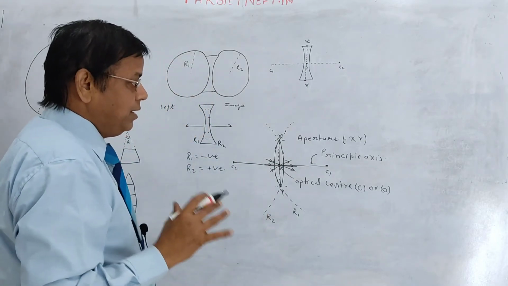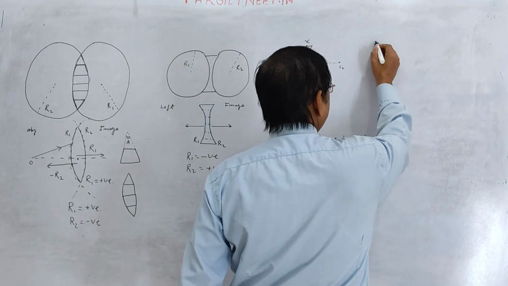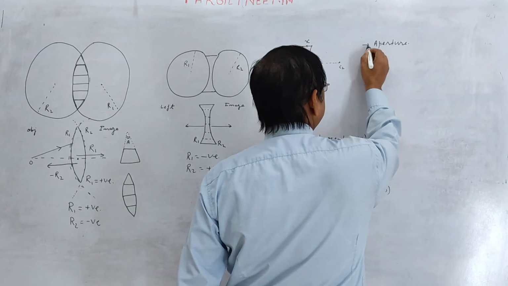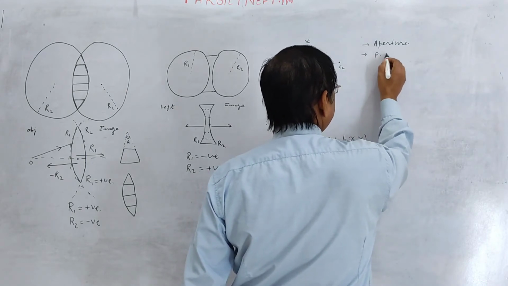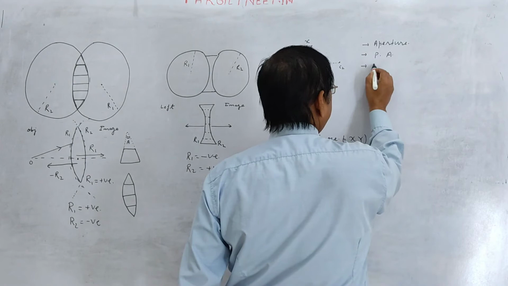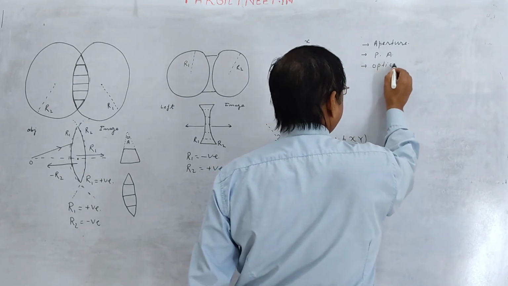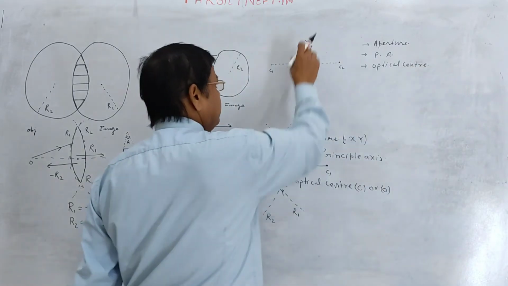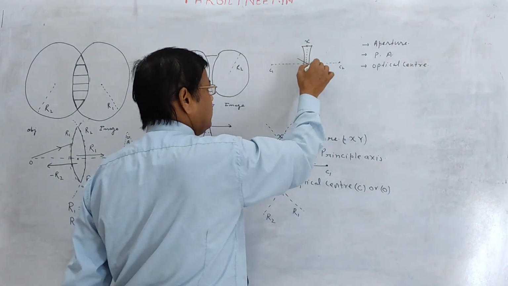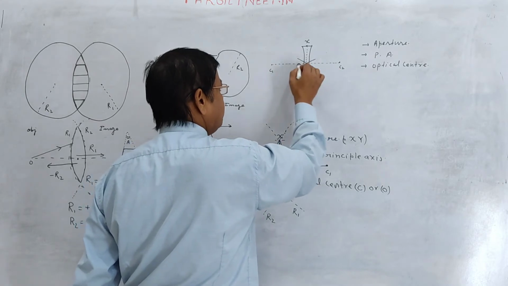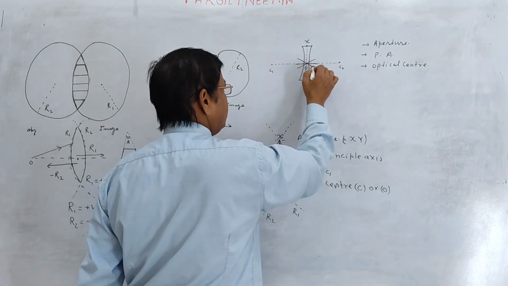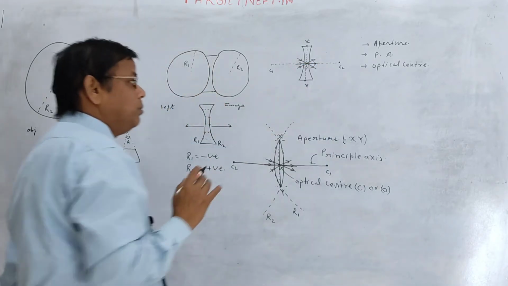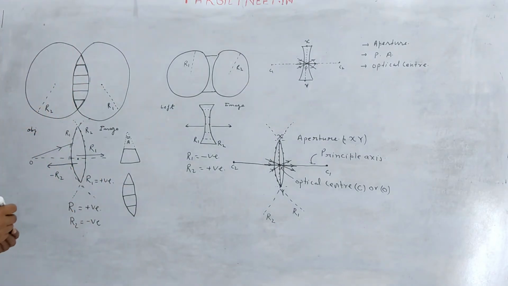So you must be clear about aperture, principal axis, and optical center of a lens. In this case also, any ray passing through the optical center goes undeviated, provided the lens is thin. So remember these terms related to lens.